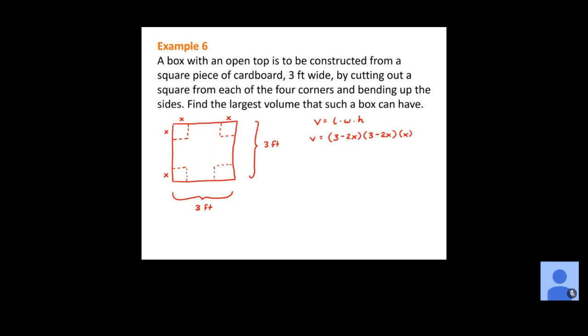Your width, same thing. And then the height becomes x once we fold up those sides. Any questions about how I got that? Okay. Now what should we do?